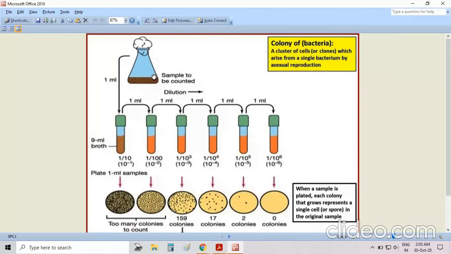How can we convert it? We take 1 liter of distilled water and add 28 grams of the powder form of nutrient agar. When you add 28 grams of nutrient agar powder to 1 liter of distilled water, it will not dissolve. To dissolve it properly, we increase the temperature.